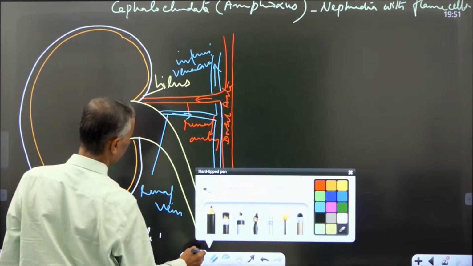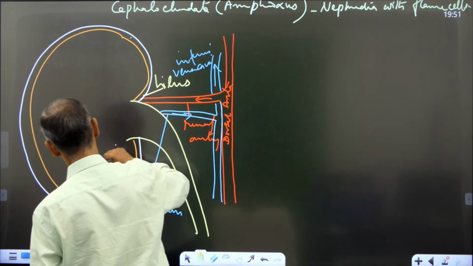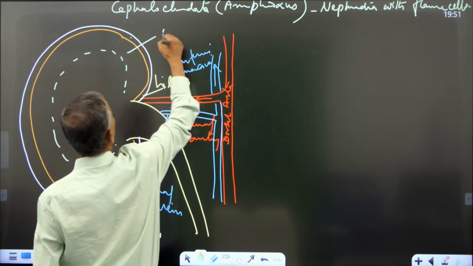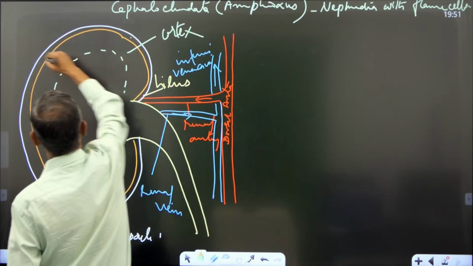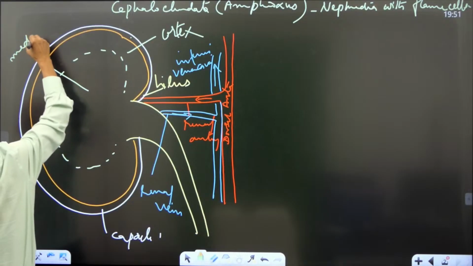What are they? Namely, an outer cortex and a middle or deep medulla.